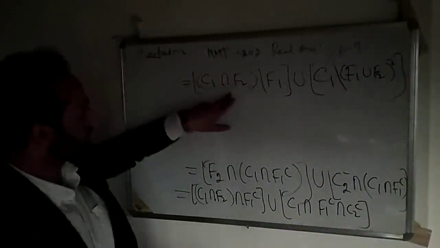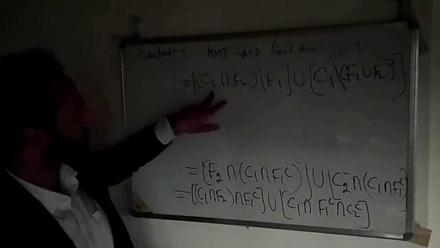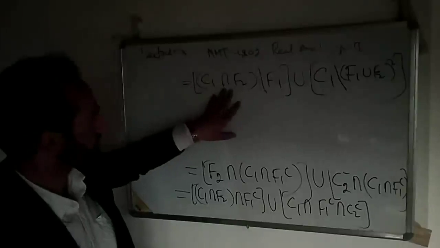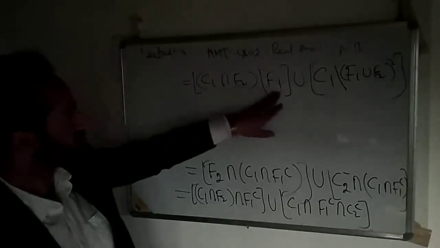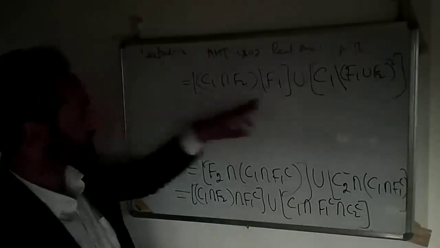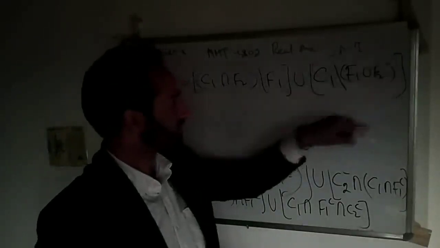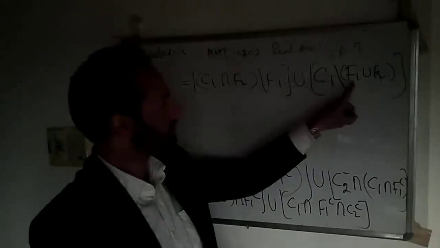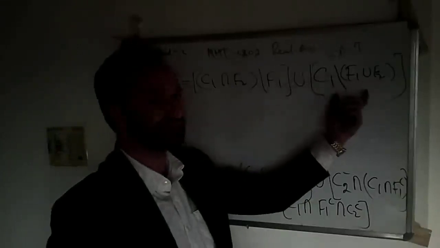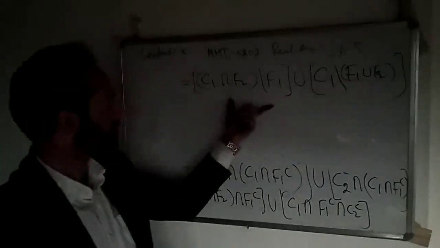Now look at this union. This is the difference of two closed sets, because C1 is closed, F2 is closed, the intersection is closed, minus closed. So it's a member of S. C1 is closed, F1 is closed, F2 is closed, so again it's the difference of two closed sets. That's also the difference of two closed sets.